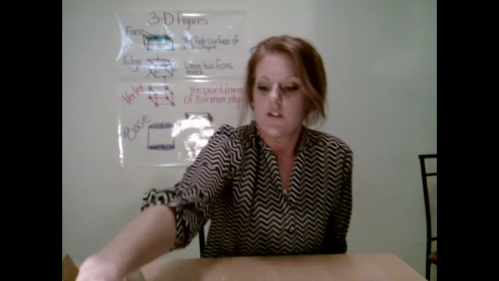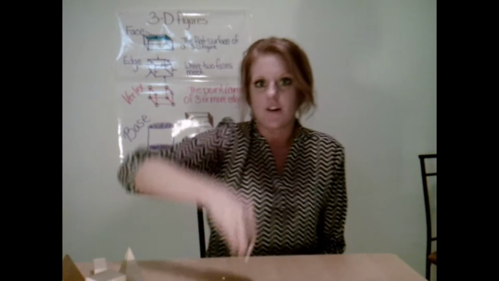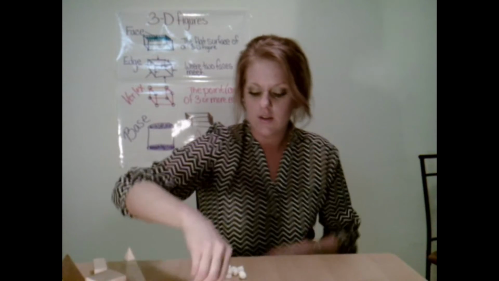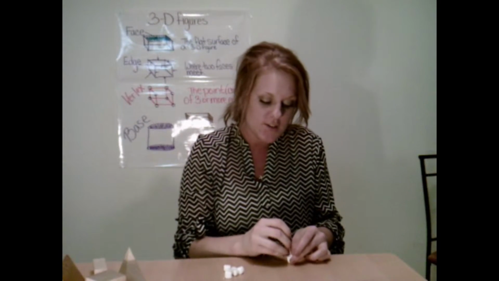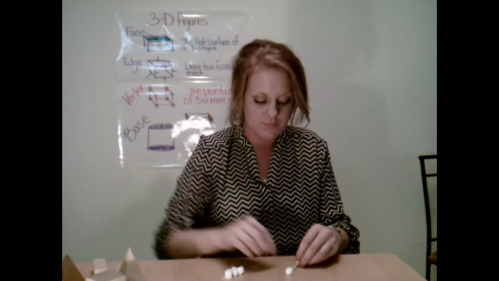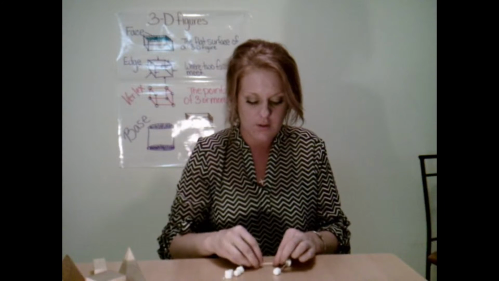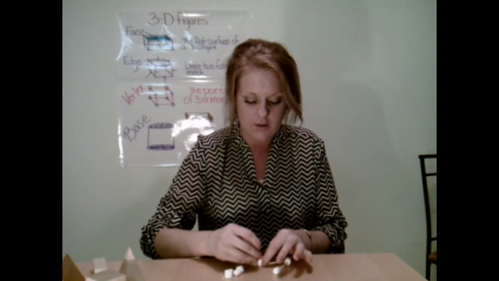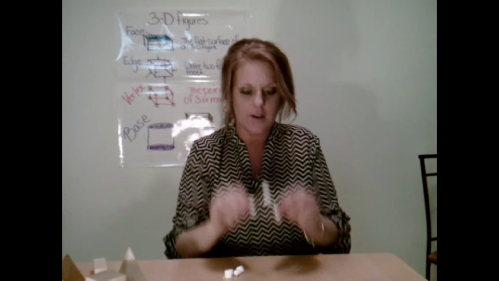Now we're going to make the triangular prism. The same as we did with the cube and the rectangle, we're going to first build a triangle and a second triangle and connect them together. So let's grab our marshmallows that we're using as our vertices and connect the toothpicks to make a triangle. Alright, here's triangle 1.